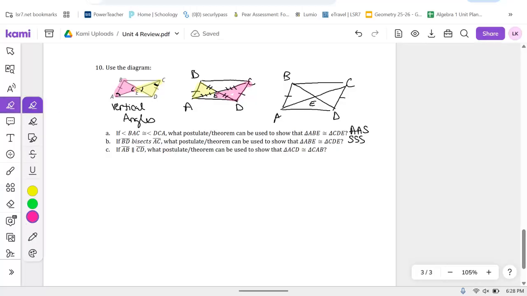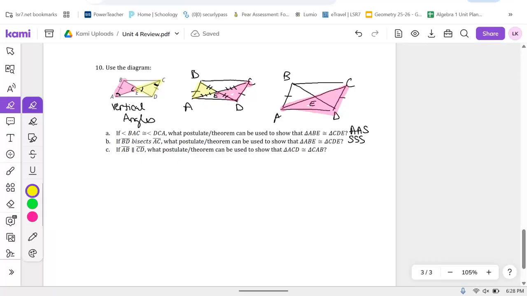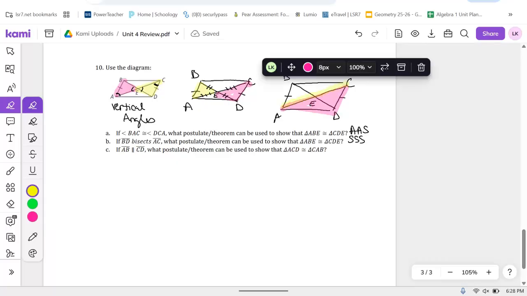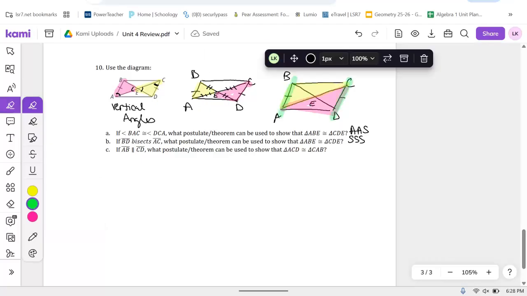All right, and then the next one says if AB is parallel to CD, what postulate or theorem can be used to show that triangle ACD is congruent to triangle CAB? So ACD would be ACD, and then CAB would be CAB here. All right, and then it's saying that AB is parallel to CD.